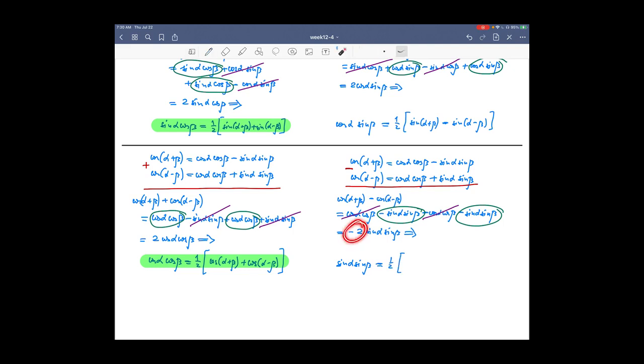Since I'm dividing by negative 2, I need to reverse these two. It will be cosine alpha minus beta minus cosine alpha plus beta.